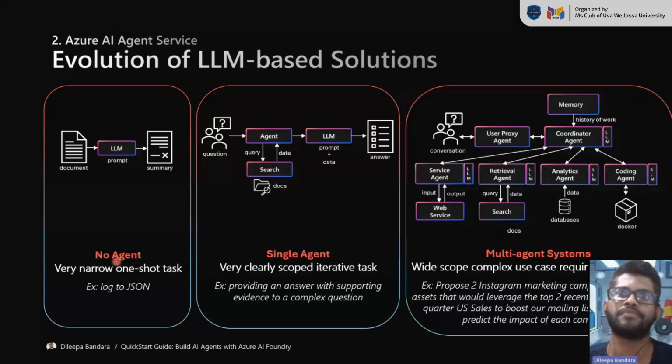Before the agent stuff came along, these days, LLMs worked like this, okay? Before the agents, it was really very narrow, a one-shot task, right? If we provide a document and then ask the LLM using our prompts, it can give a summary or something similar.